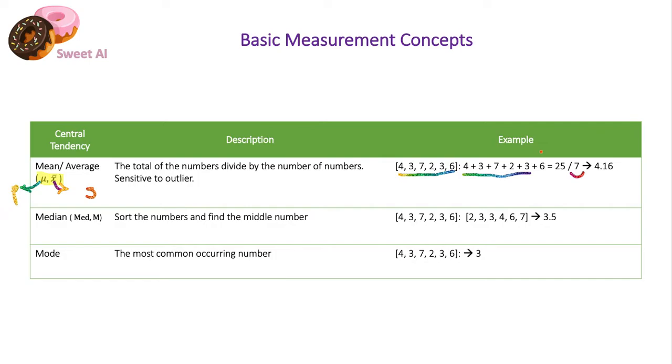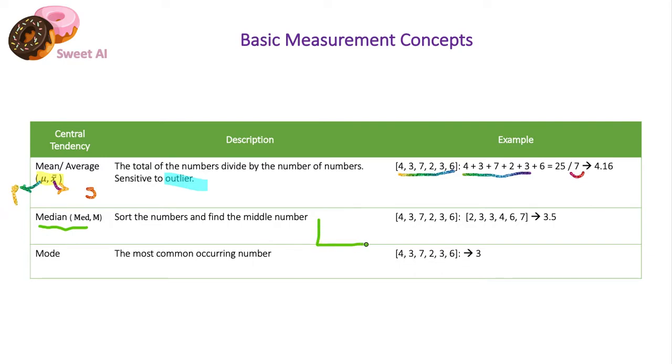Mean is good for numerical data, and it's very sensitive to outliers. So what we can do is use median when we have outliers and when we have an asymmetric distribution. With an asymmetric distribution, median is a better central tendency.